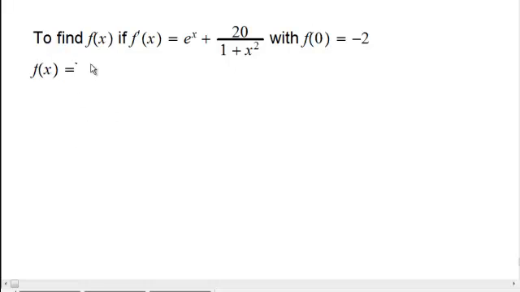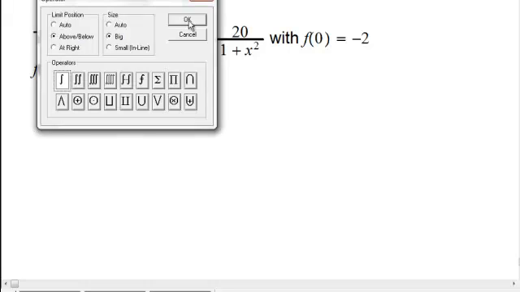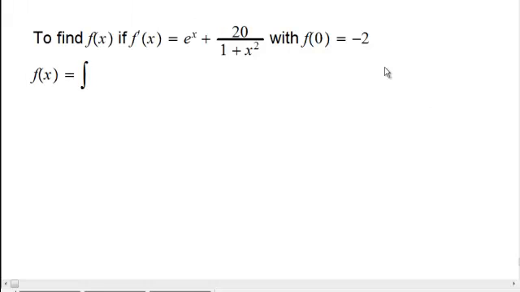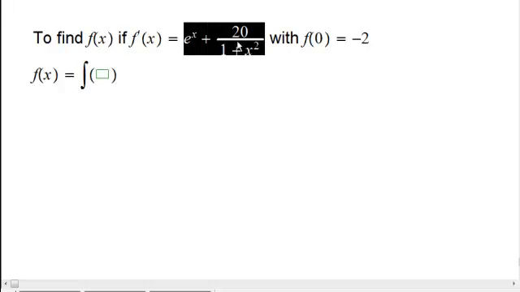Say that once again. Very good. We will split the two, and we are splitting the two for the purpose of what? This is the derivative, and we are simply taking what? The antiderivative, right? It's very nice. Good. Very good.